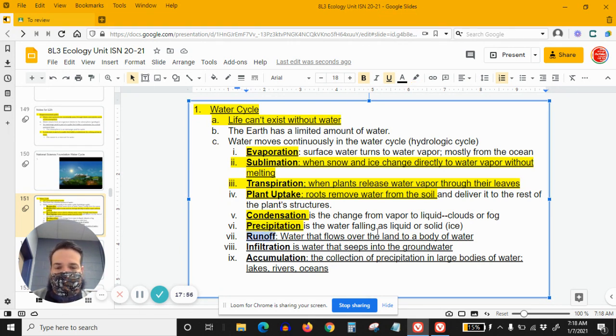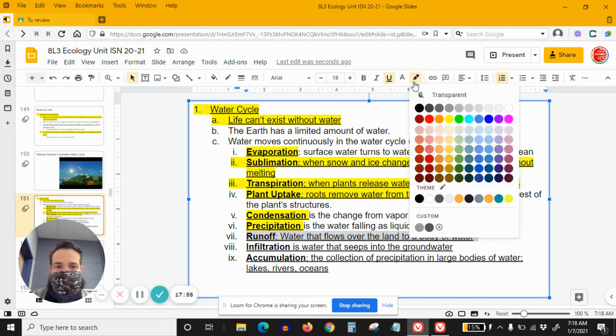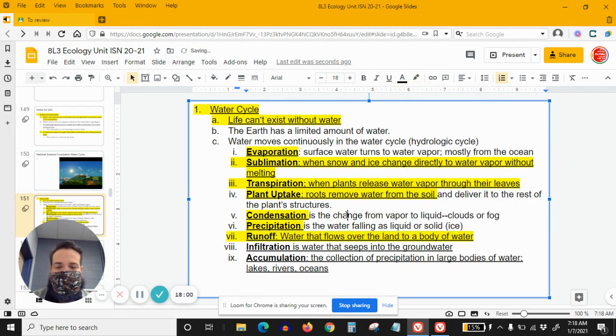Runoff. This is one that might be slightly new to you. You've probably heard it before if you had some environmental lessons. Runoff is when the rain falls, and instead of landing on soil where it can soak in, it lands on something where it can't soak in. Maybe it's saturated soil that can't contain any more water, or maybe it's concrete or asphalt, and the water runs off and goes downhill wherever it can go.